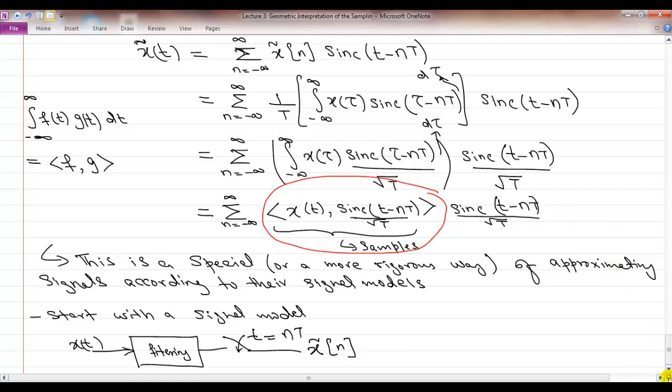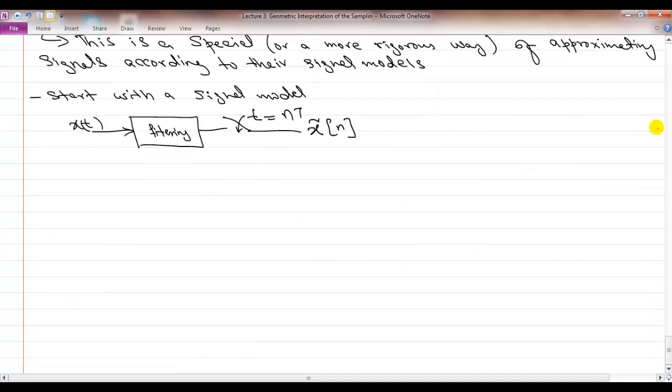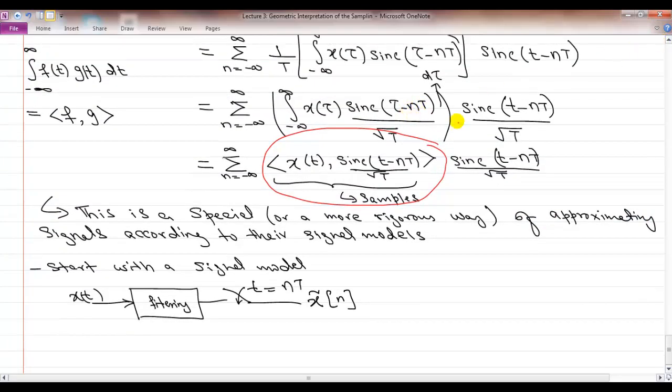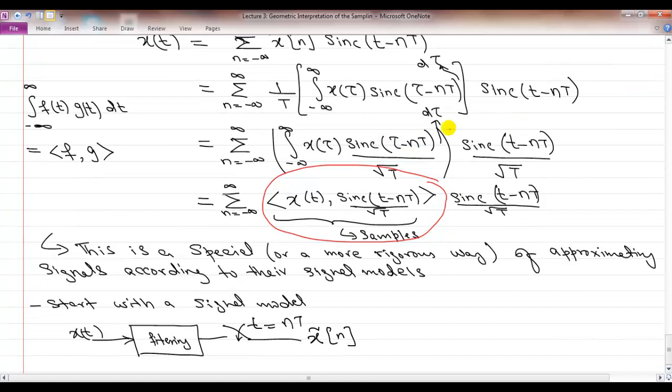And hopefully things will become clear when we do other kinds of filtering. But right now what I want to argue is that what we have done has strong connections to the notions of projections onto lines that you might have seen in your undergraduate degrees, or approximations into different bases.